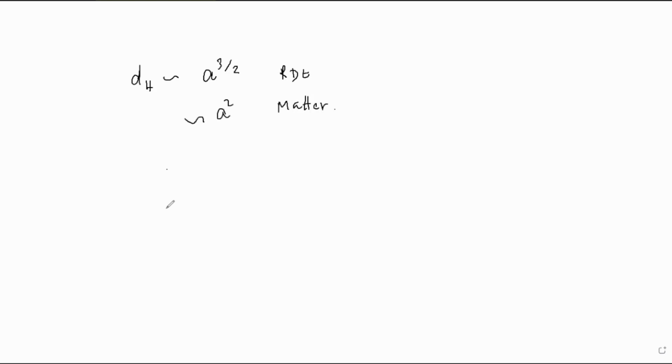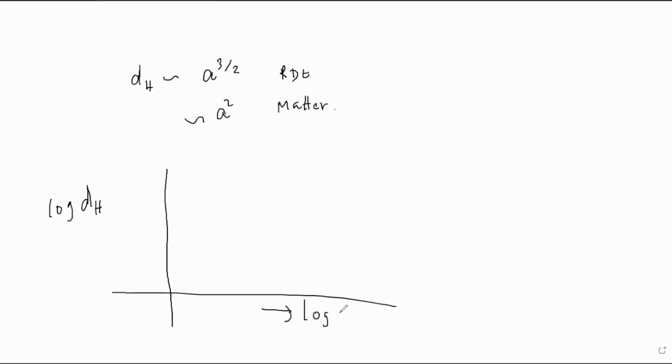So now if I plot my horizon size, log of dH versus log of A, then it will be... and can you calculate for the dark energy dominated era, cosmological constant or dark energy dominated era, how the horizon will go? Horizon is more or less like ct.